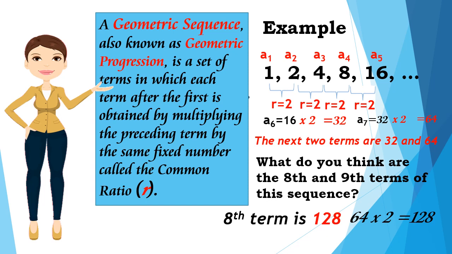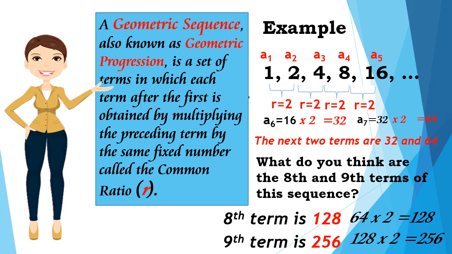What about the ninth term? Okay, the ninth term is 256. That's correct. And that is obtained by multiplying 128 by 2. Then you got it, 256. Is that clear? That's good. Are you still there?